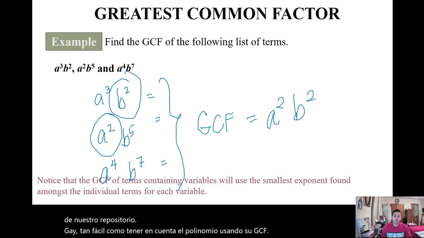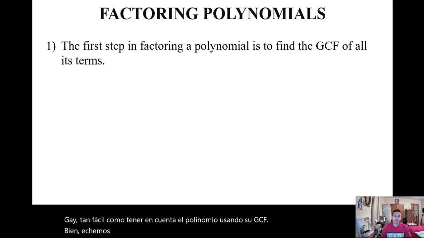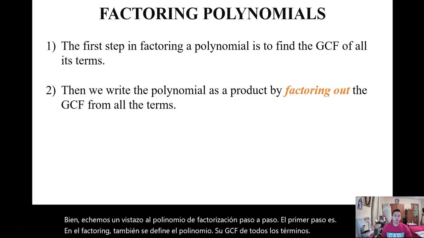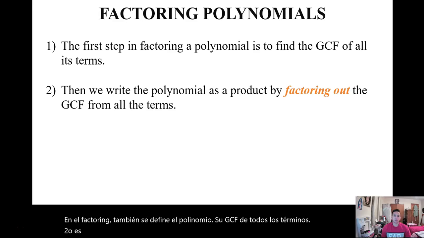So let's take a look at factoring polynomials step by step. The first step in factoring a polynomial is to find the GCF of all terms. Second, we have to write the polynomial as a product by factoring out the GCF from all of the terms, meaning we have to regroup them.